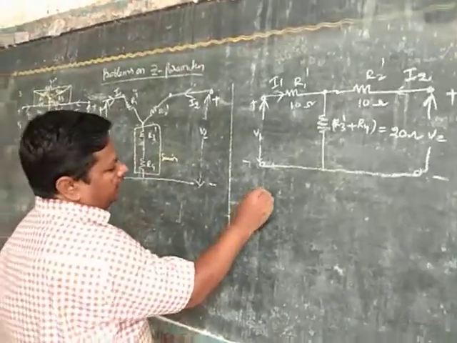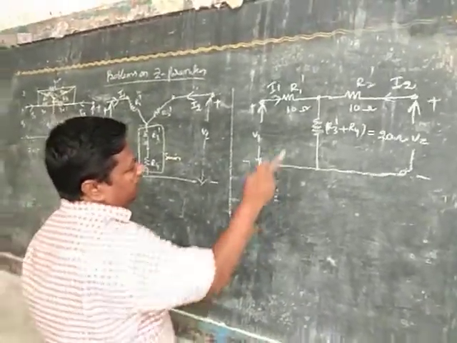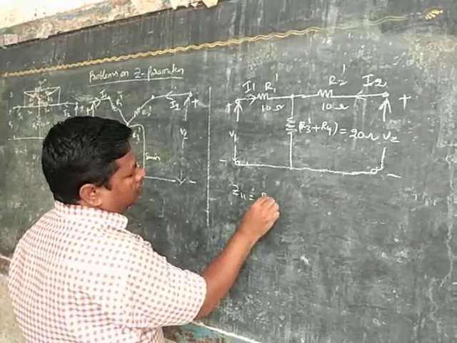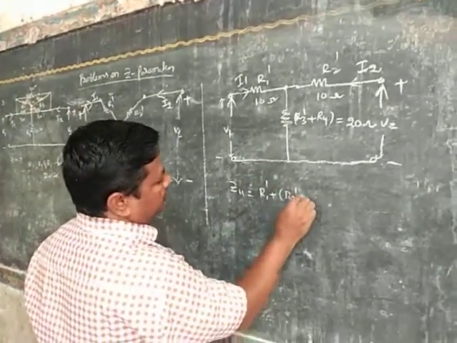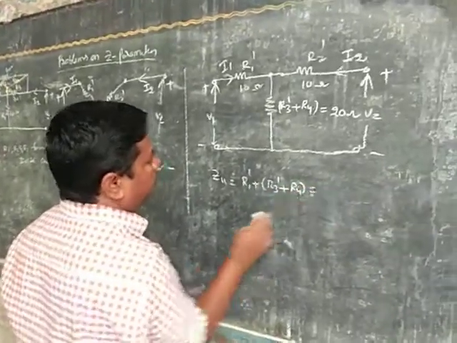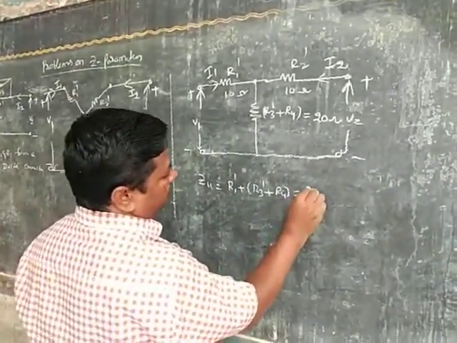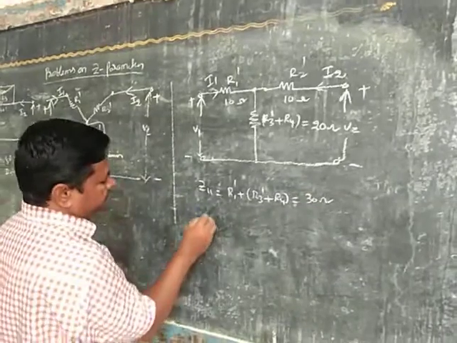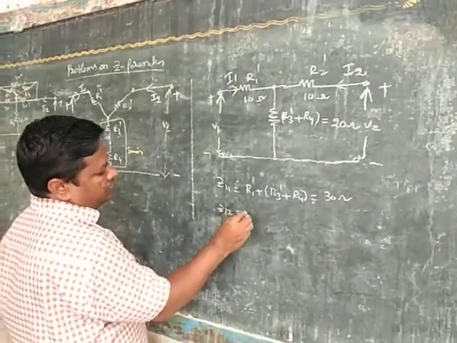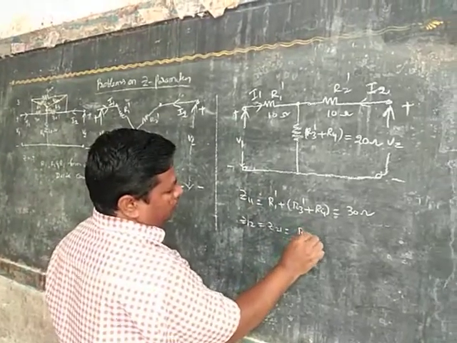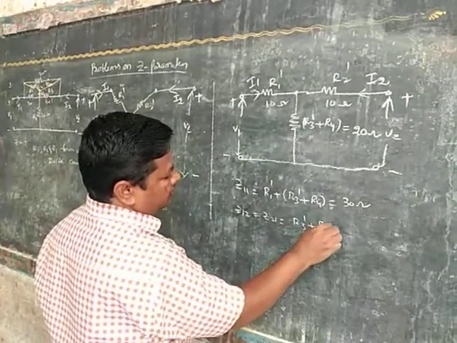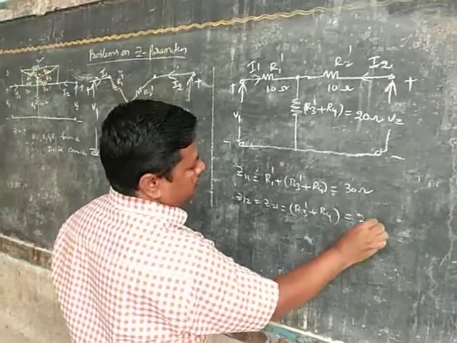Now you can directly find, what is Z11? Z11 is equal to R1 dash plus R3 dash plus R4, that is equal to 10 plus 20, 30 ohms. Then Z12 is equal to Z21, which is only R3 dash plus R4, that is equal to 20 ohms.